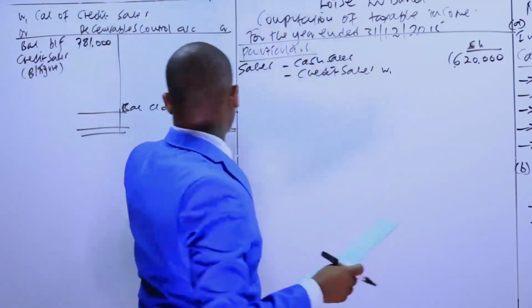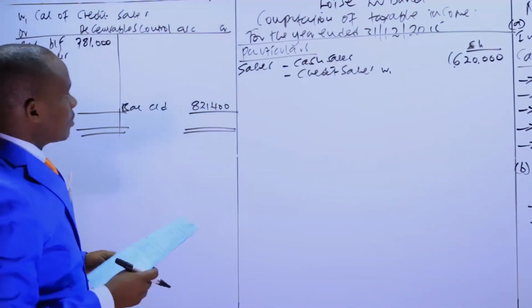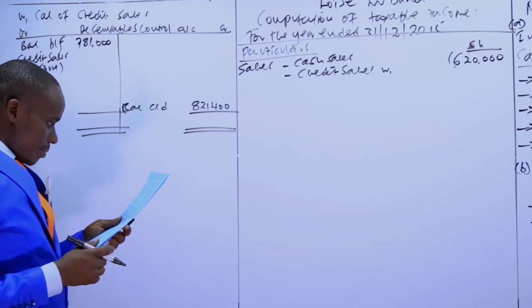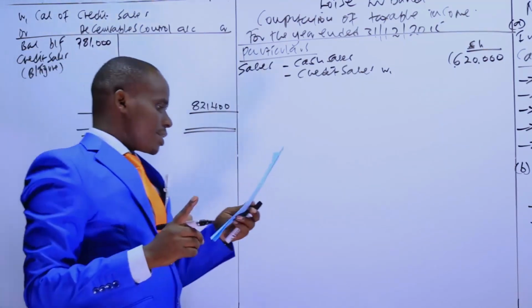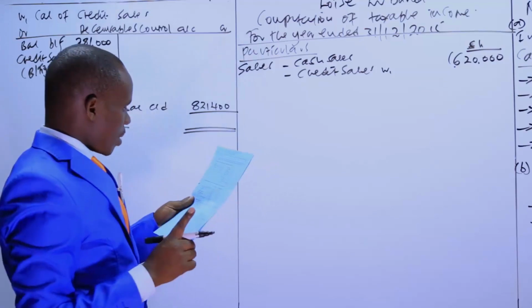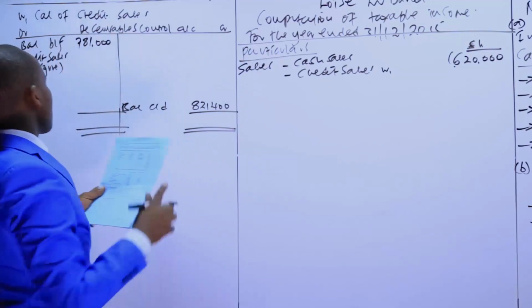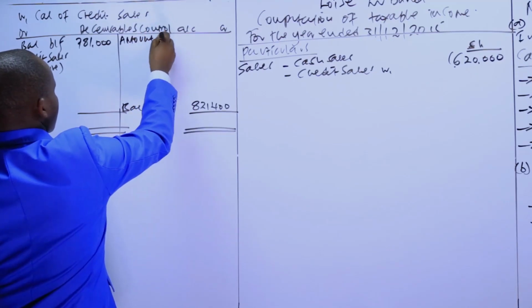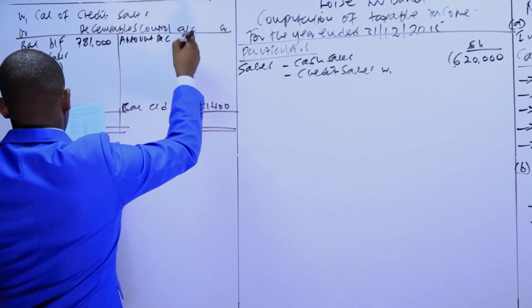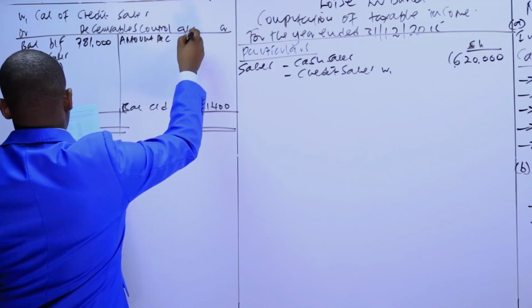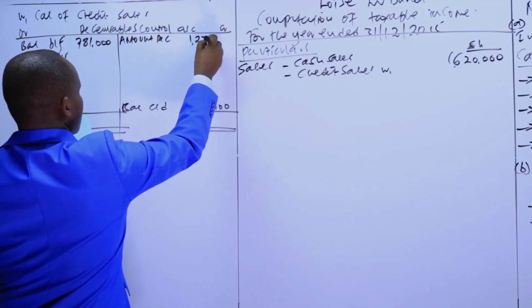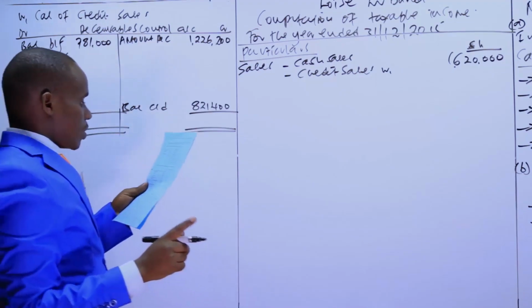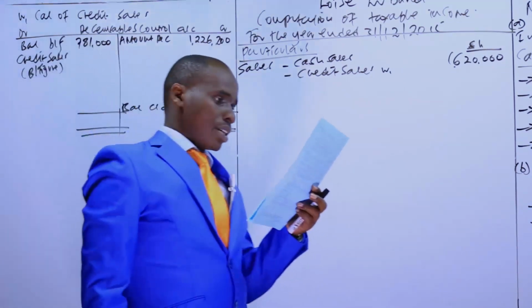So let's put any other item that affects this ledger. In my cash summary, I have the amount received from the debtors, 1,226,200.